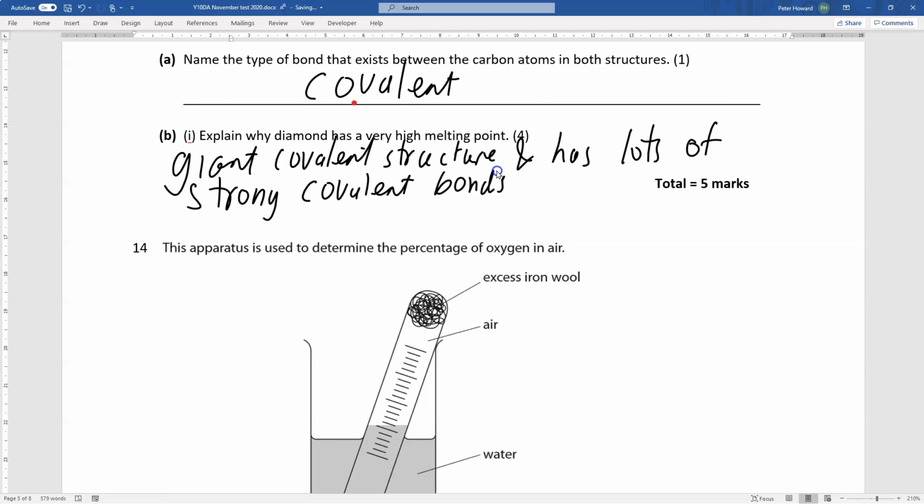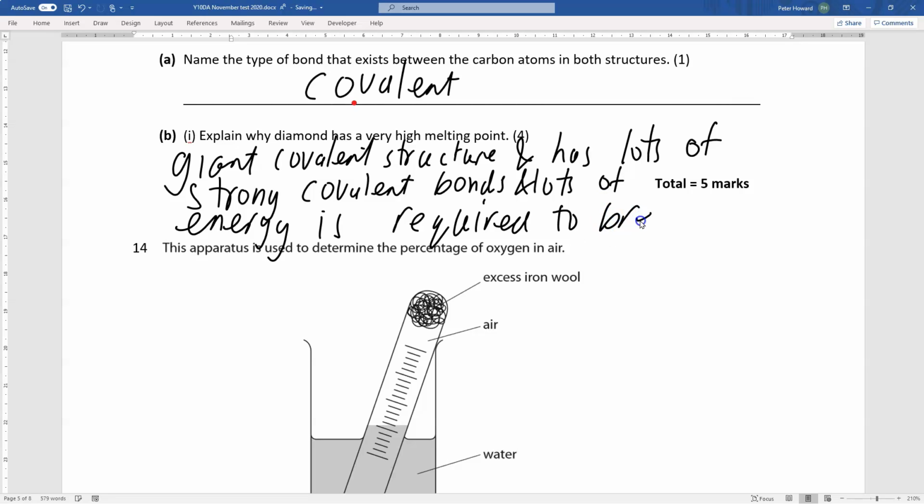And then what do we need to do if we're heating something up a lot? We're going to break bonds, and lots of energy is required to break bonds.